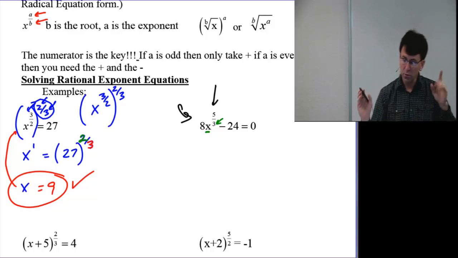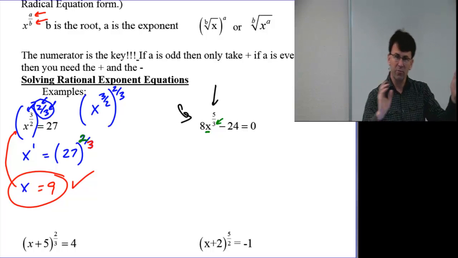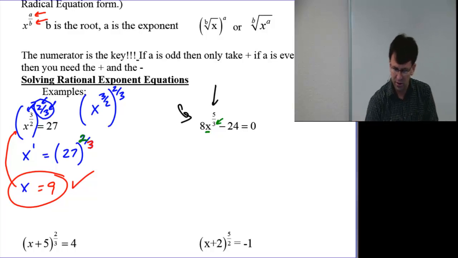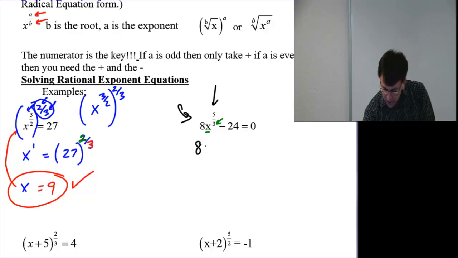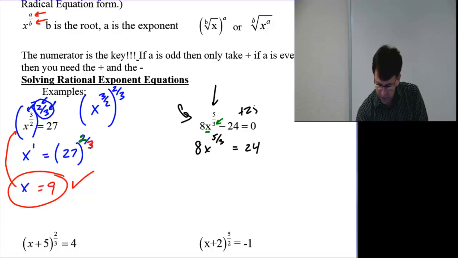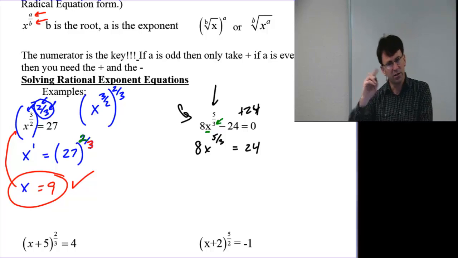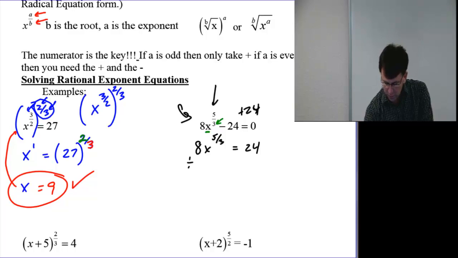So to deal with the radical equation, we would get the radical all on one side and get everybody else on the other. So let's do it. I have 8x to the 5/3. I'm going to get the 24 over to the other side, so I'll add 24 to both sides. And now I need to get rid of that 8, because the 8 is not part of the radical, so I will divide by 8, and I'll get x to the 5/3 equals 3.